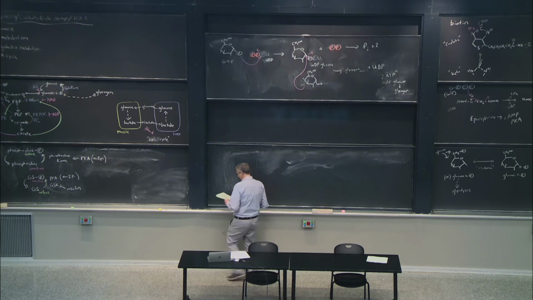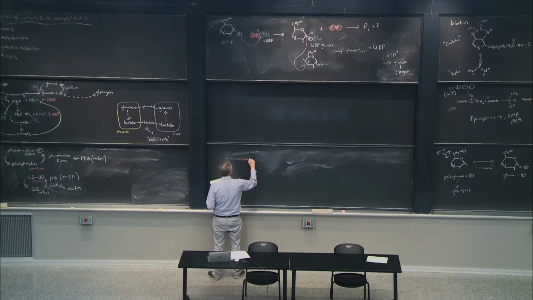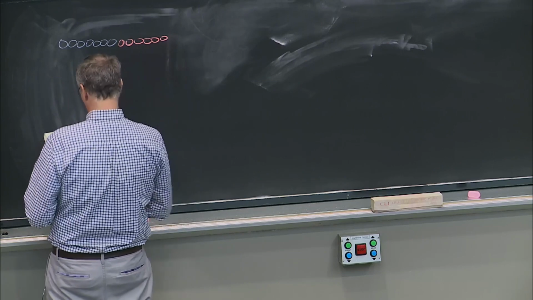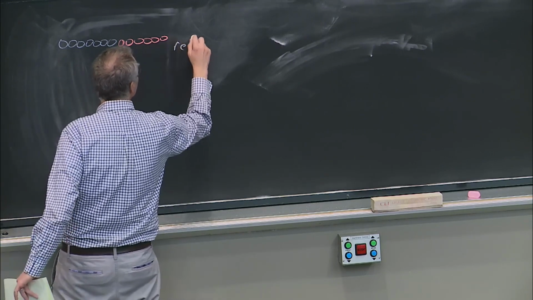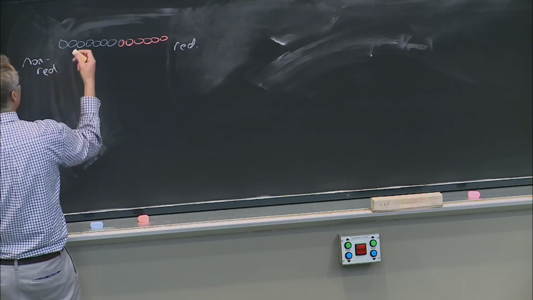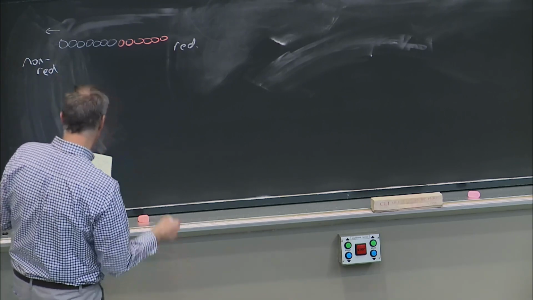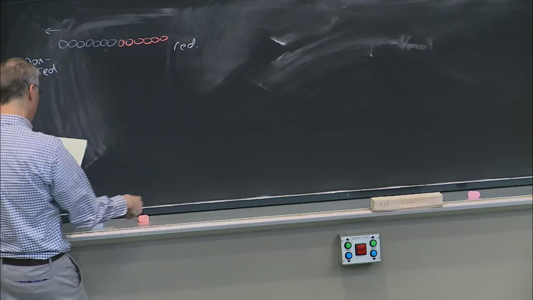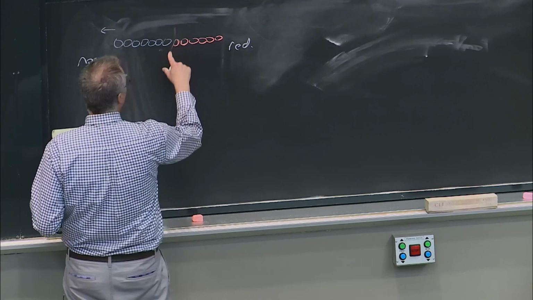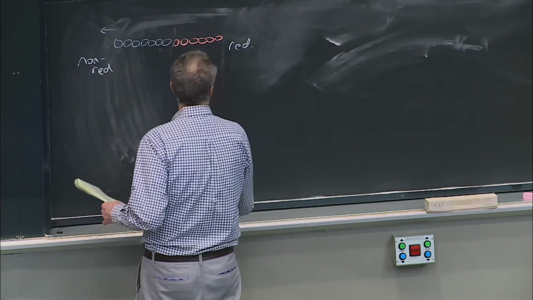If I just draw this here in a stylized way, it turns out once you get to about 7 units here in the growing polymer, so if this is the reducing end and this is the non-reducing end of the polymer, and so the polymer is growing by adding things to that end. Once you get about 7, there's an enzyme that will basically cleave this and move it and make a new alpha 1,6 bond.